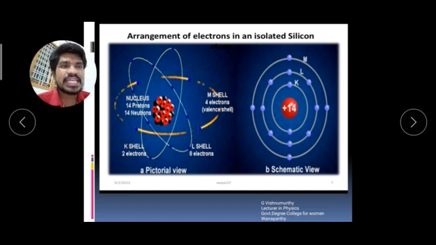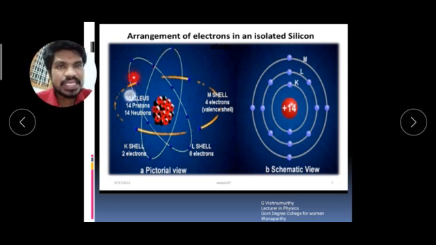The K shell is nearest to the nucleus and the L shell lies next to the K shell. So the shell order increases going away from the nucleus. The shells are denoted with K, L, M, and so on.